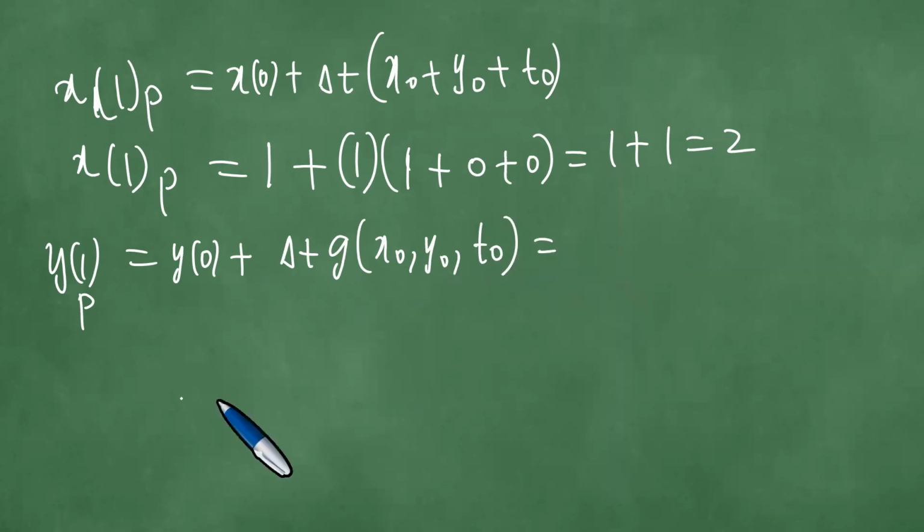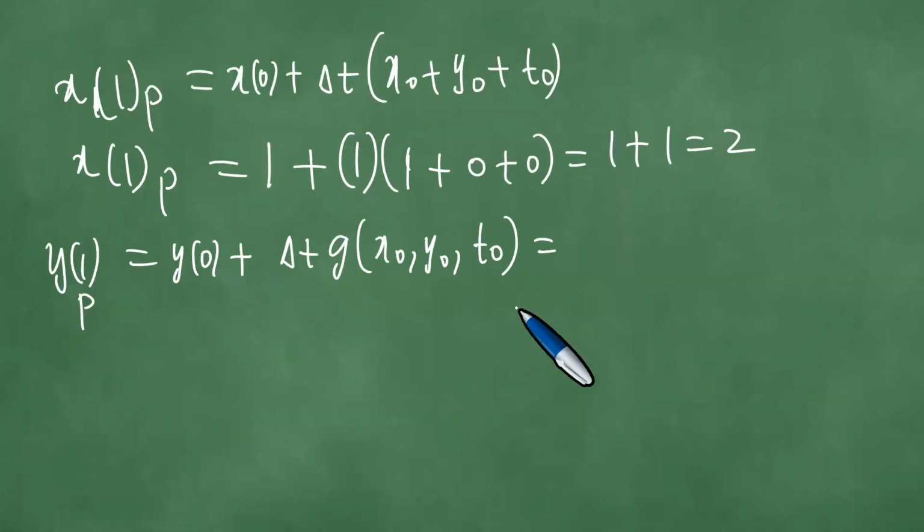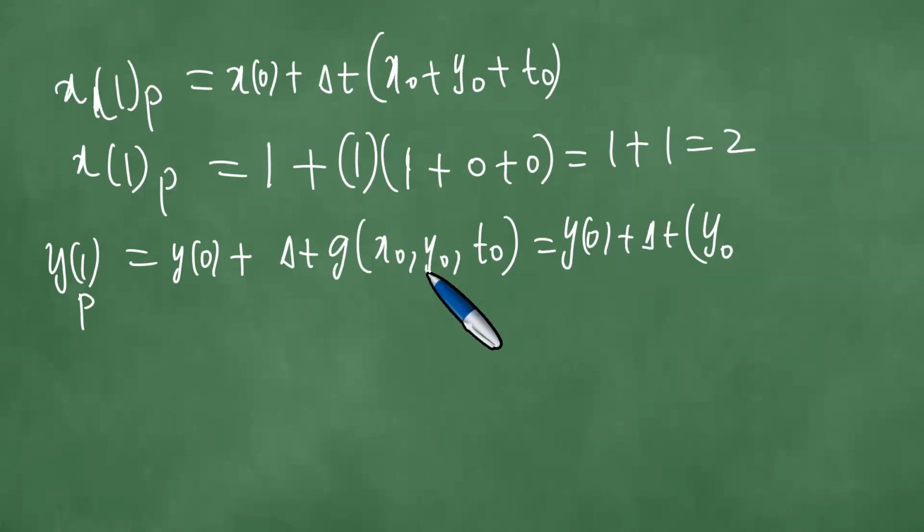What is g? Need to plug in the g. So g is actually y minus x. So you can plug it in here. So this is y0 plus delta t times y minus x, or in the notation here, y0 minus x0.